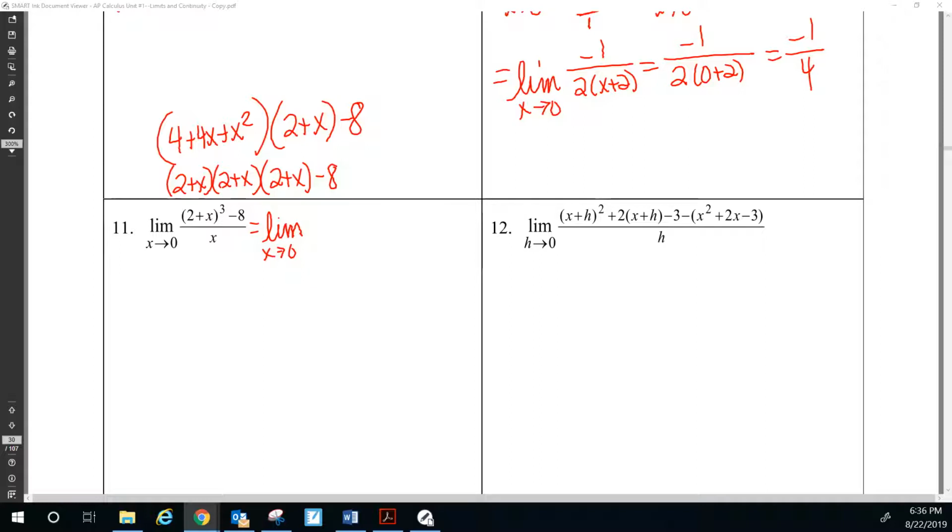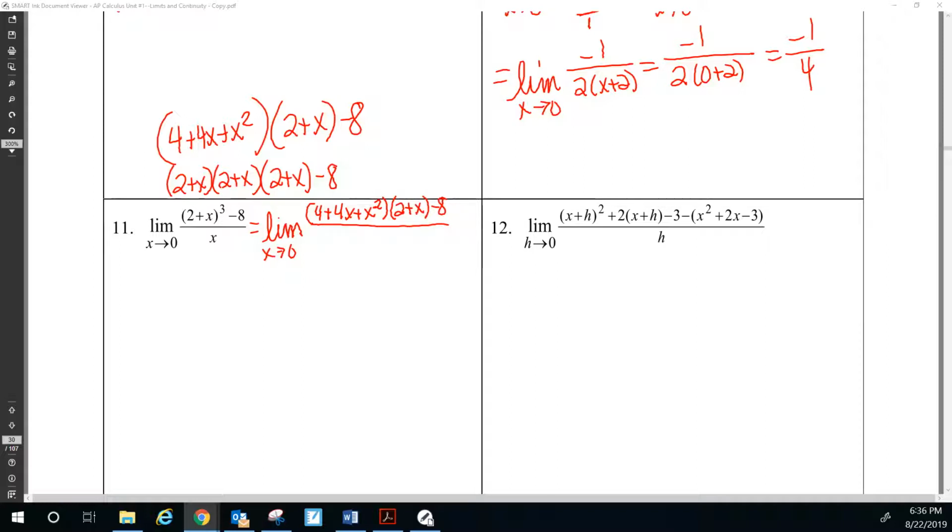Just so you know, they are not going to grade what you do off to the side over here. If you make a mistake up here and then write it down here, they're not going to grade to see why you have a wrong number. So it helps if you stay in the limits on this one. I'm going to go ahead and write this in so at least they know what I was doing. If I make an algebraic mistake here, they at least know I have the calculus right.